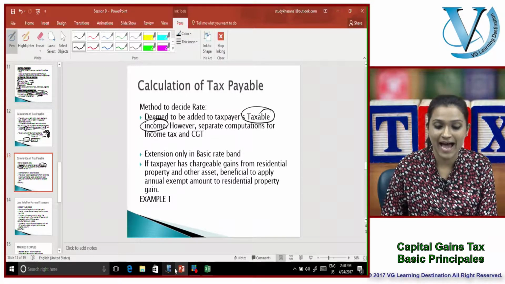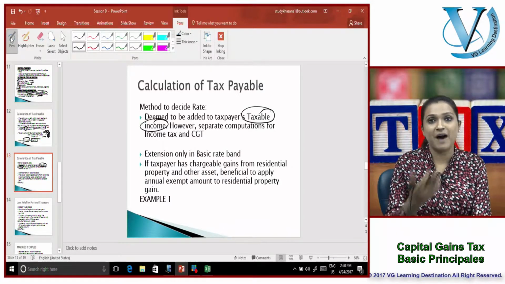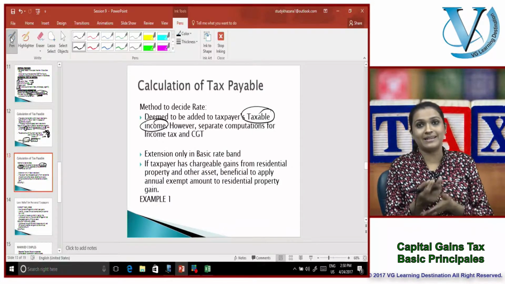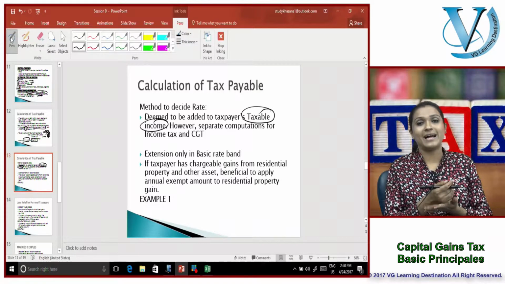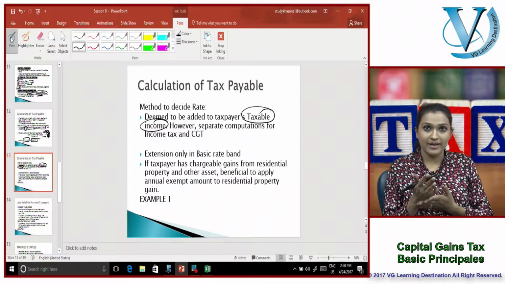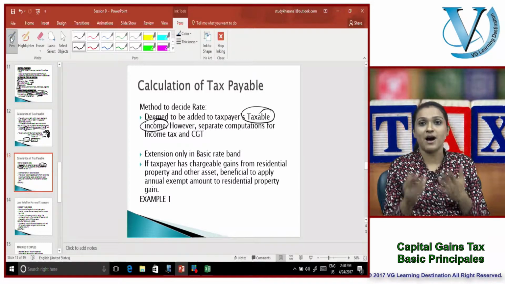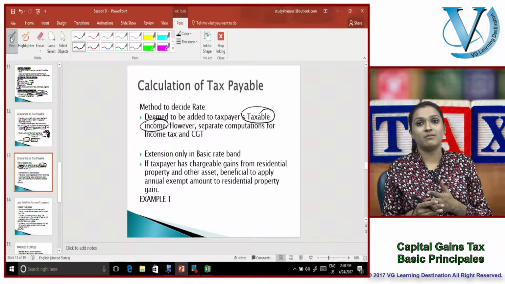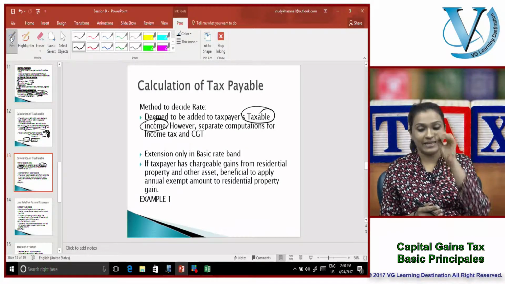Why? Because you would want to pay tax at 10% instead of the residential rate of 18%, and at 20% instead of the residential rate of 28%. So a better tax plan is that your first 11,100 pounds is reduced from your residential property gain.